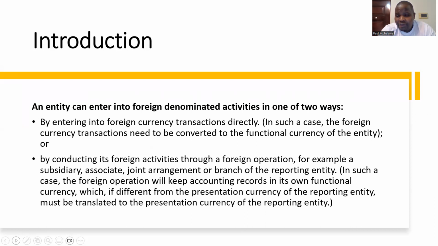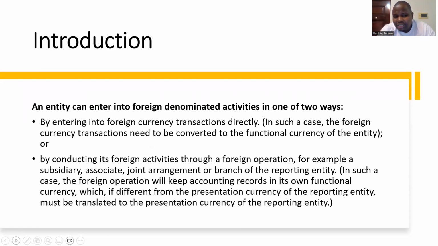A South African company that has got its origin in South Africa can also have a subsidiary or a related party in other countries, Russia, Botswana, Zambia, and so on and so forth.